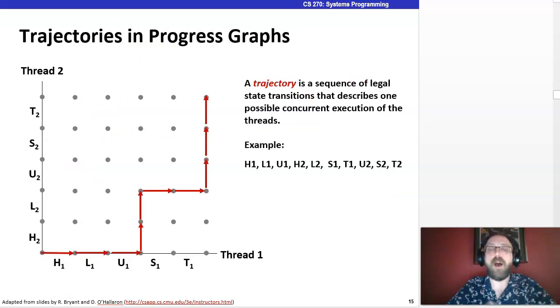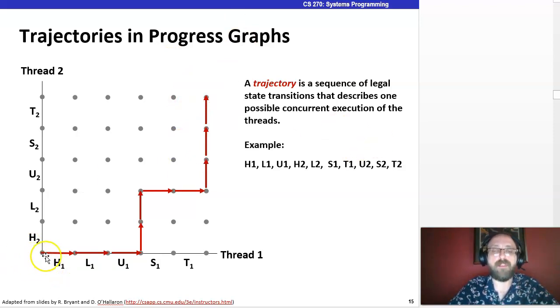A trajectory is a sequence of legal state transitions that describes one possible way these threads could be executed concurrently. It's a path made up of steps to the right and steps up, going from the lower left corner to the upper right corner.